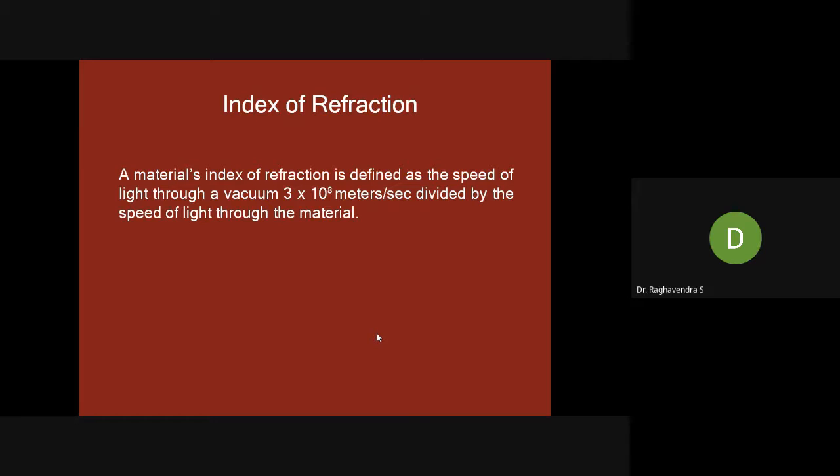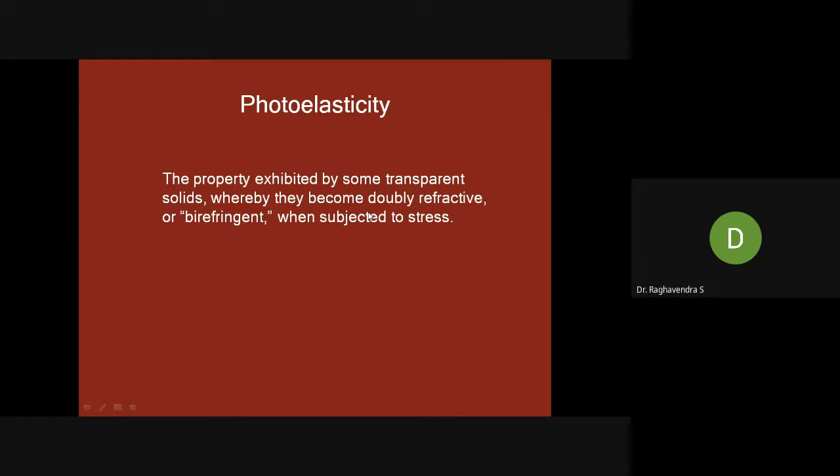That is the ratio. The material's index of refraction is defined as the speed of light in a vacuum divided by the speed of light in the particular material. Maybe you are taking a material, passing light through that air medium. That vacuum speed divided by the speed in the material, that fraction is called the refraction index.